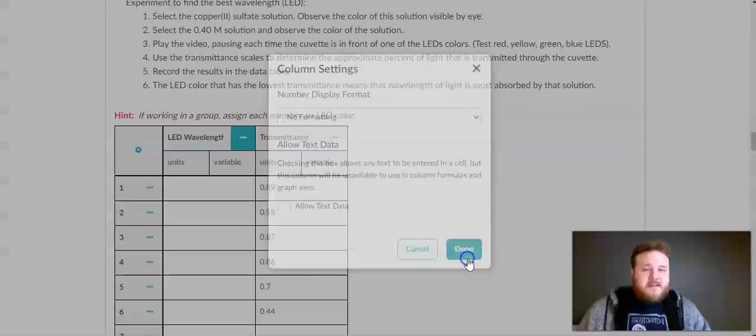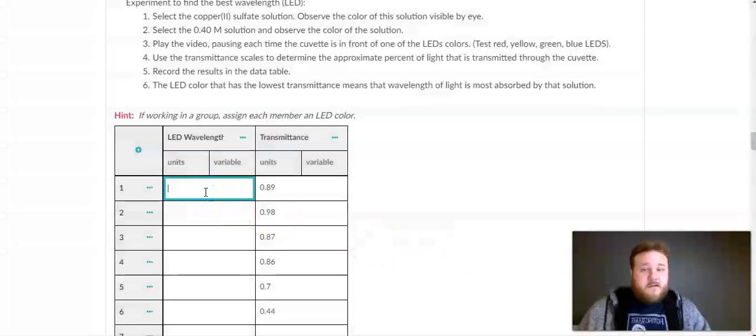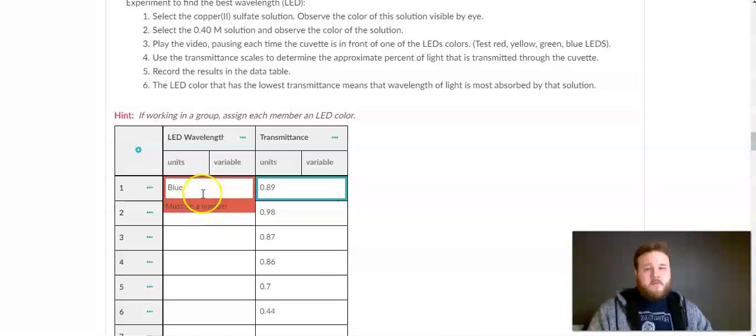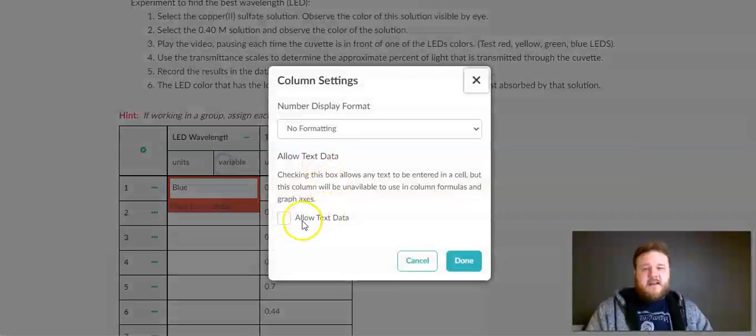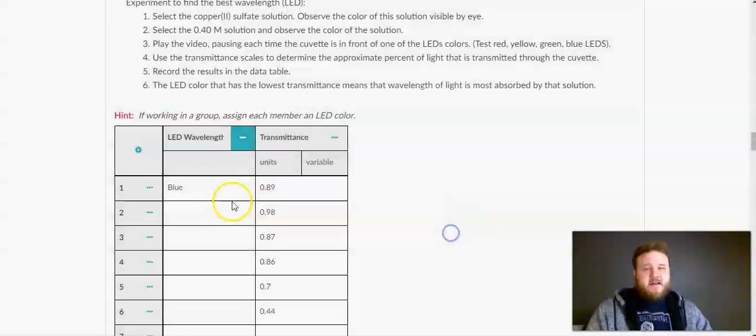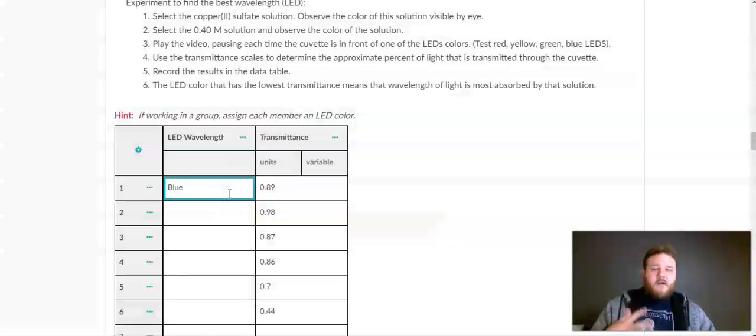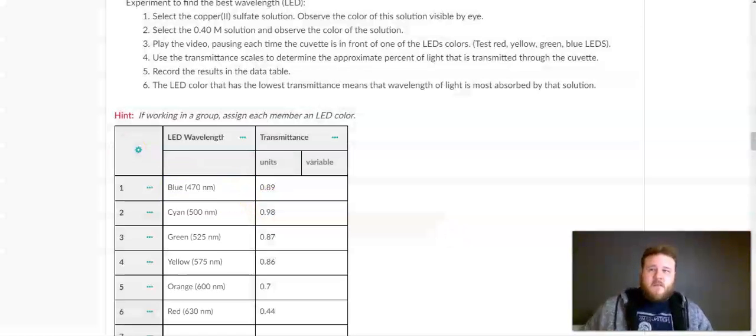If you don't click allow text data, it erased everything, first of all. But if I type in, it says must be a number, right? So I have to type in column settings and click allow text data, because right now we're not graphing anything. We're just making a chart to see a comparison.